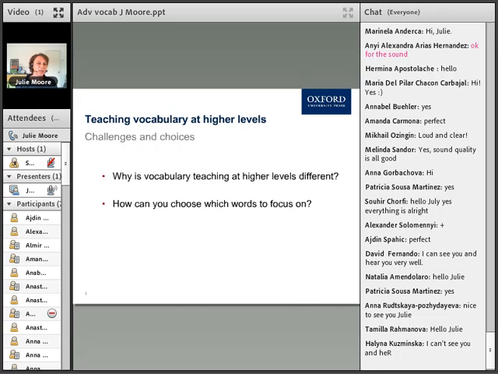I will also look at particularly how we can choose which words we want to focus on, because I think this is one of the biggest challenges when we're looking at advanced learners. And then I'll go on to look at a number of different things that we need to consider when we're planning activities for our more advanced classes.